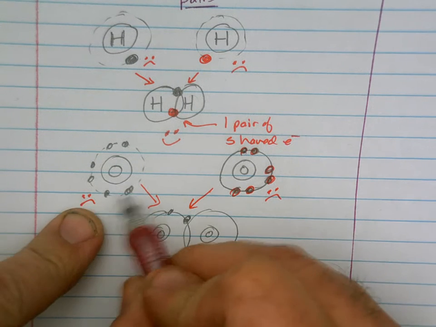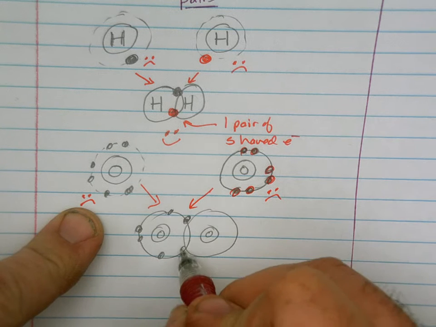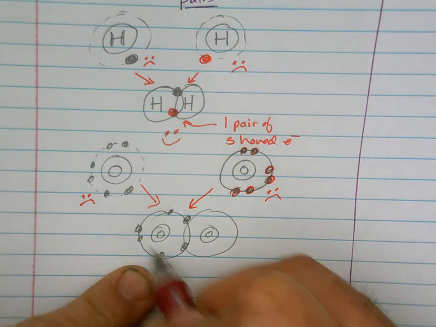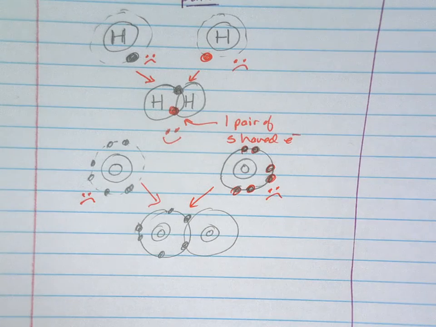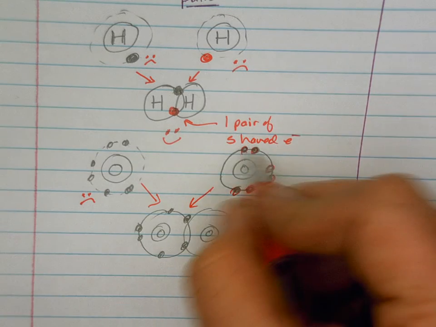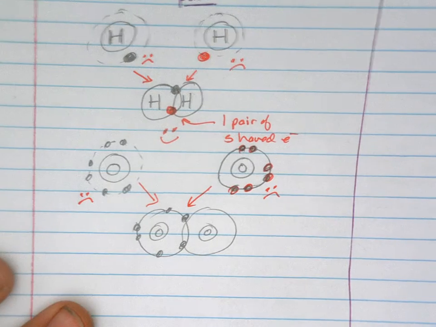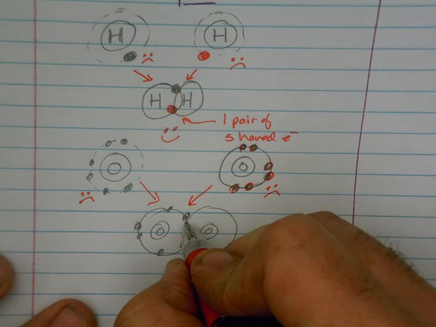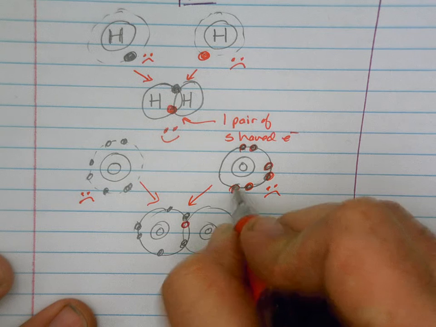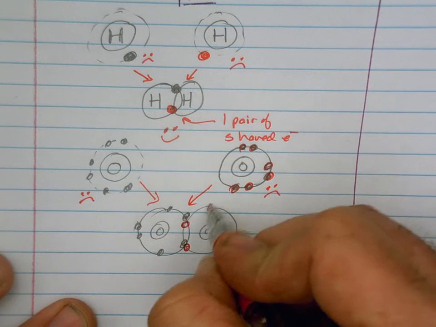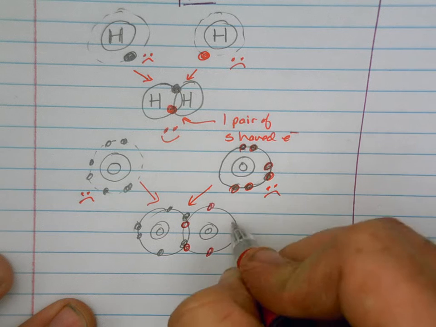And this pair right here, I'll put one of them there and another one over here. So far we've got 1, 2, 3, 4, 5, 6. We haven't violated anything. Now let's draw in the 6 electrons of this one. I'm going to put that electron right over here, that one right over here, and then that one here, this one there, and there.